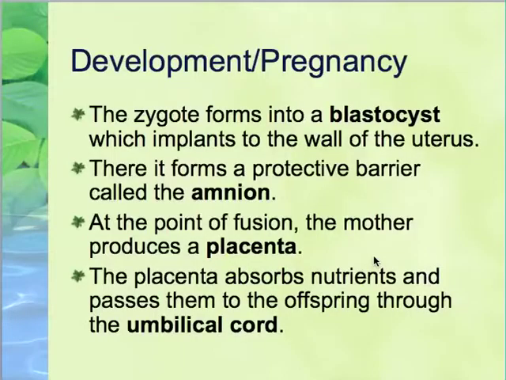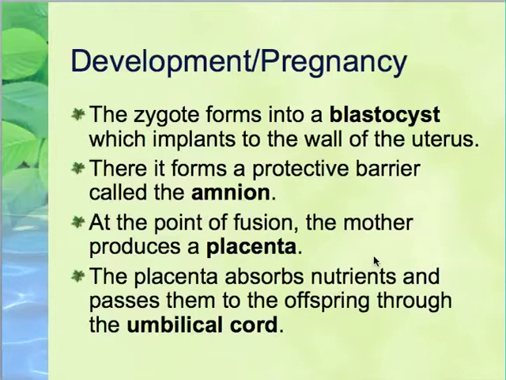If the blastocyst is fertilized, then that will develop into an offspring, all right? A protective barrier will form around the blastocyst called the amnion, and the amnion will fill with fluid which will help the offspring start to develop.